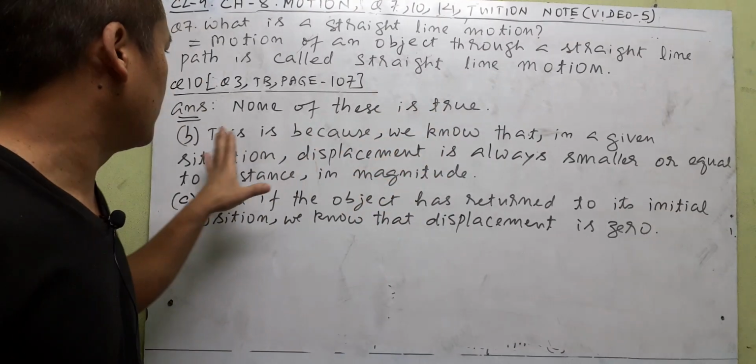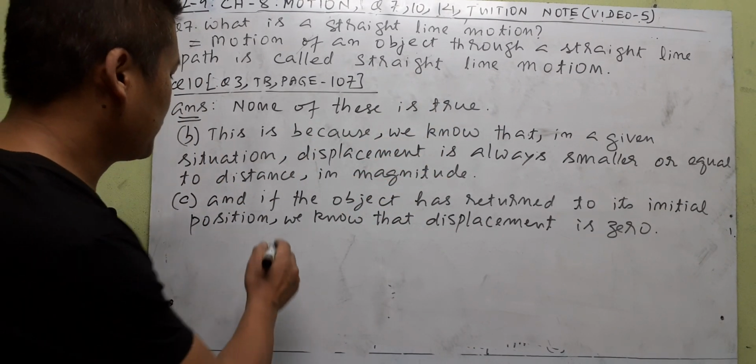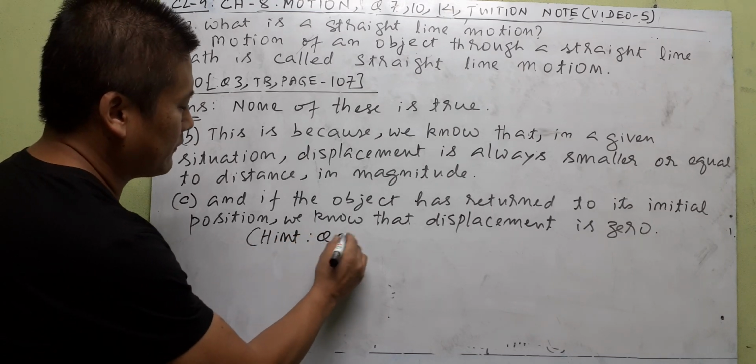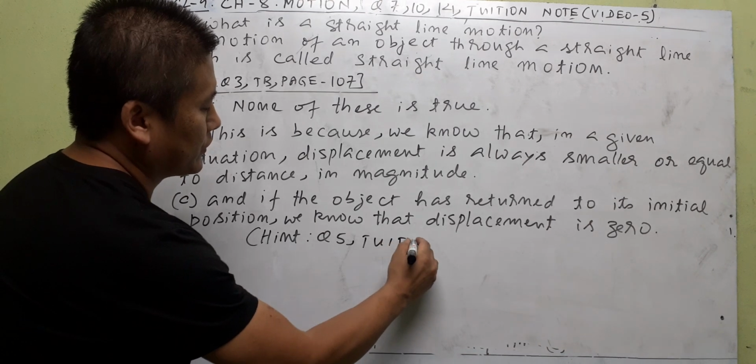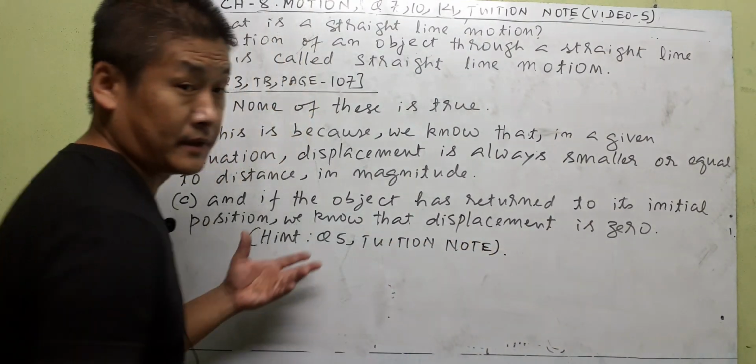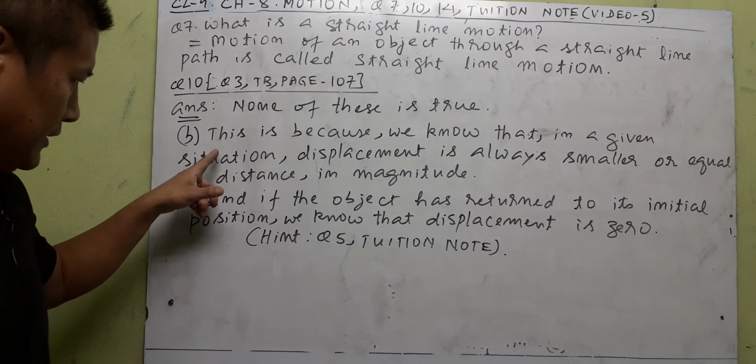So statement B is false. You'll find this in question number 5, tuition note. In your previous classes, we have discussed the difference between distance and displacement. There we have seen this point, right?